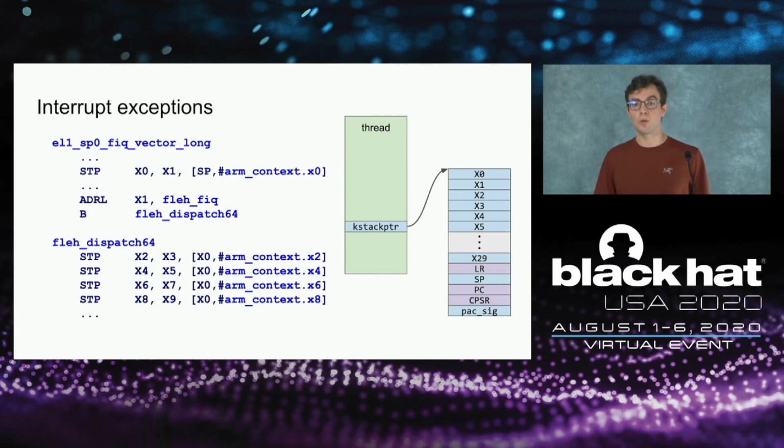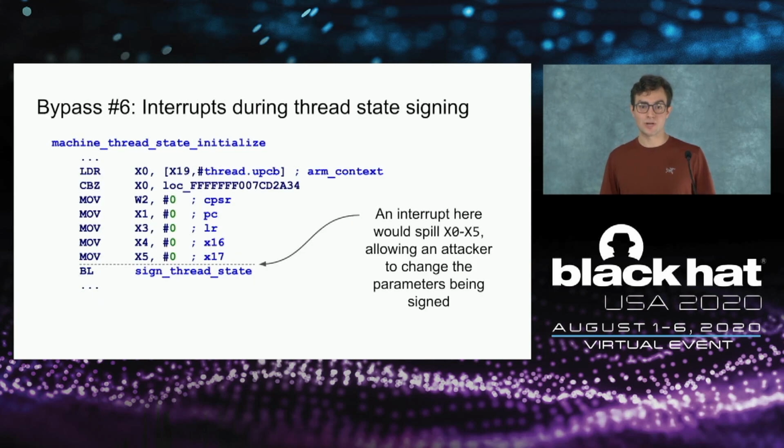Because none of those are protected by the PAC signature, they can all be modified by an attacker coming in, racing during this interrupt to overwrite them while the interrupt handler is running. Once those registers get popped back out, an attacker has control over all of the parameters to the sign thread state function. So once again, this is a full thread state forgery PAC bypass.